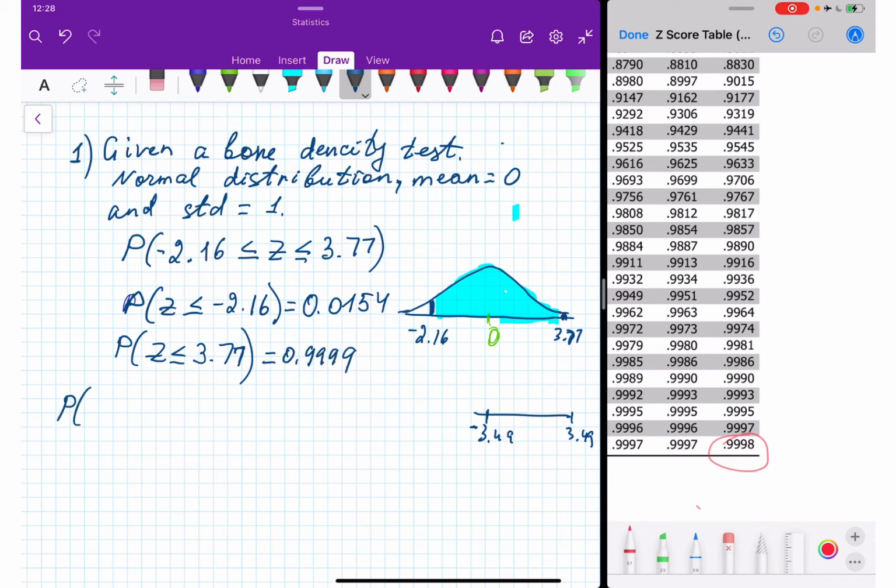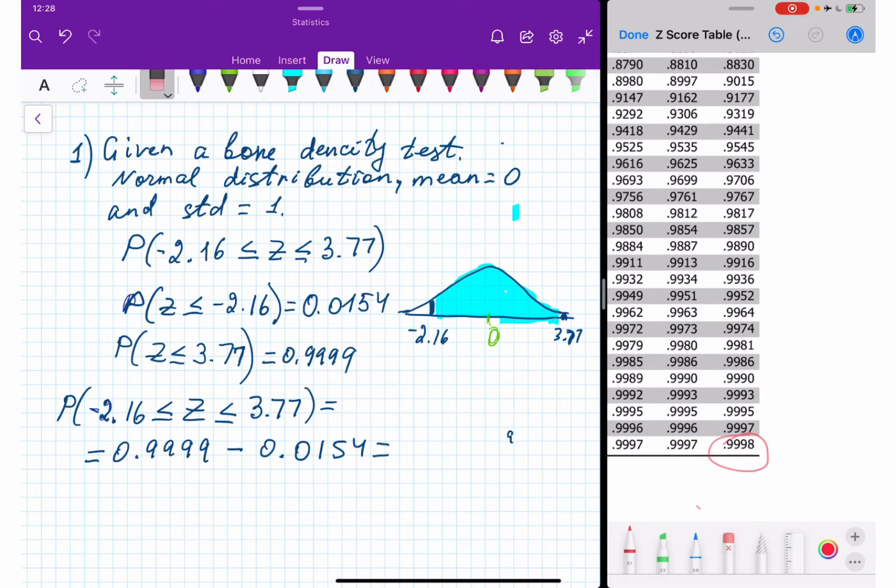Therefore, the probability for z-score greater than or equal to negative 2.16 and less than or equal to 3.77 is equal to 0.9999 minus 0.0154, and that is equal to 0.9845.